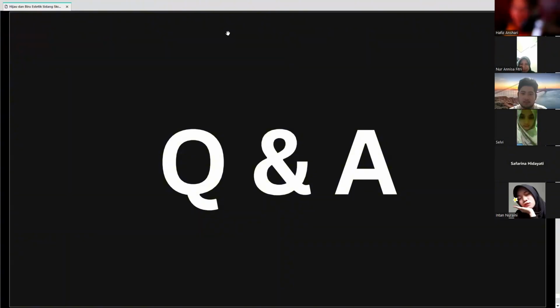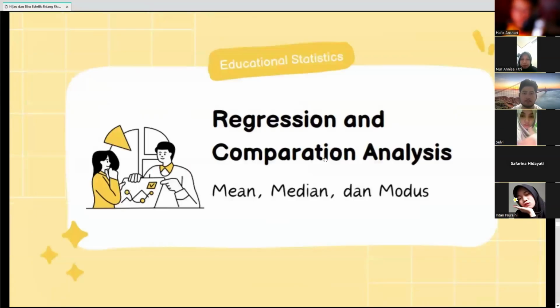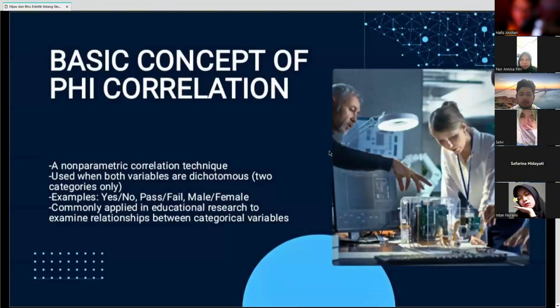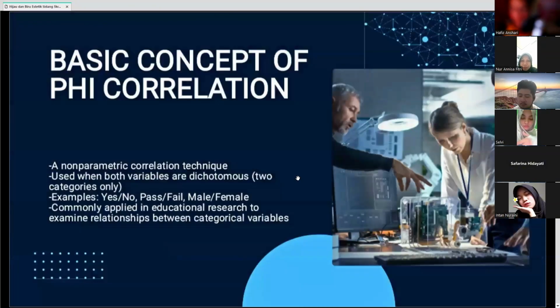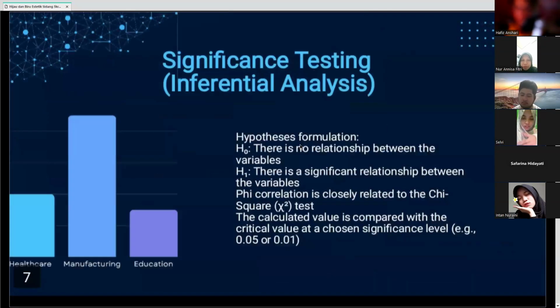Okay, I will answer Saparina's question first. A researcher should use Kendall-Tau correlation when the data are ordinal or in the form of rankings, such as low, medium, high, or rank order, especially when parametric assumptions are not met.